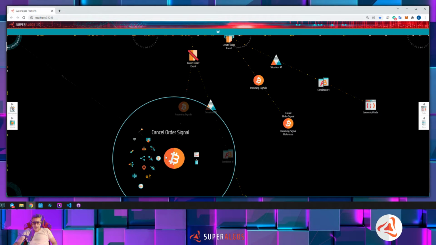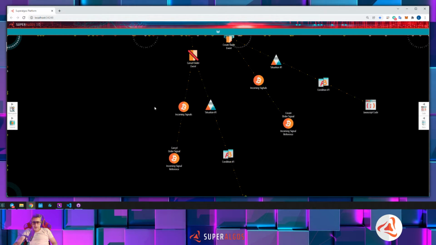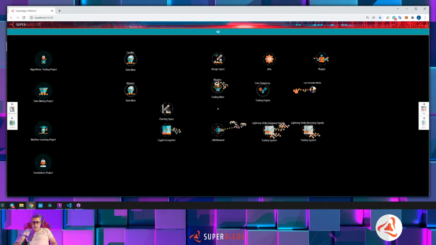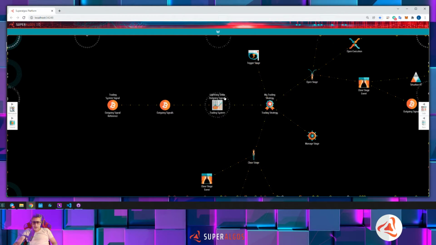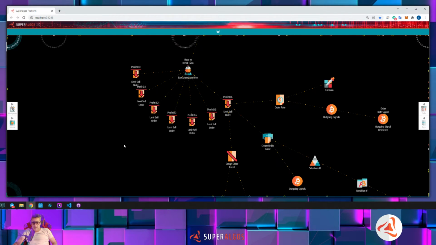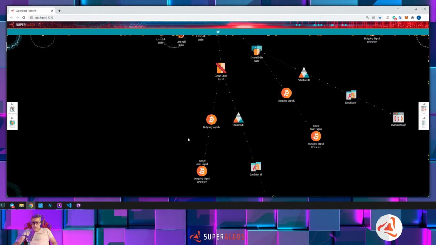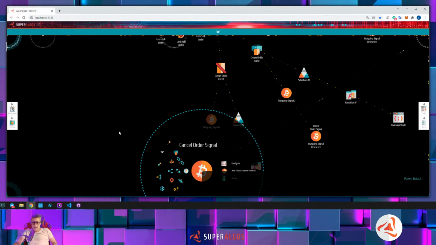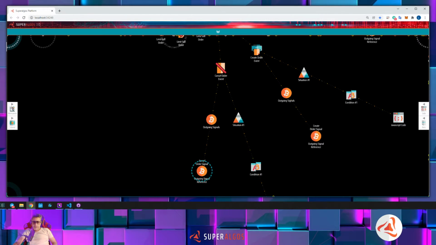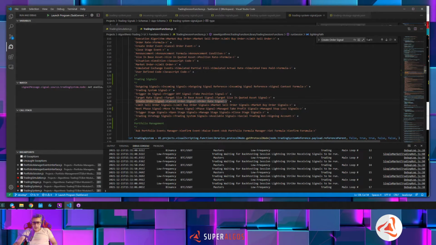This has an incoming signal reference, incoming signals, and here it should have outgoing signal references. Okay, create order signal, cancel order signal.